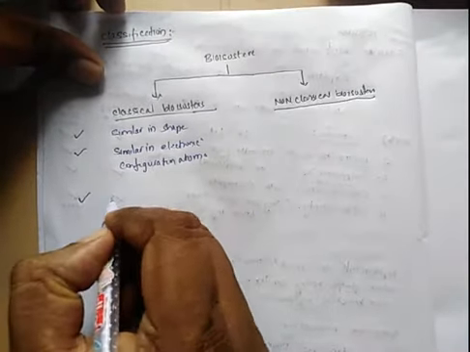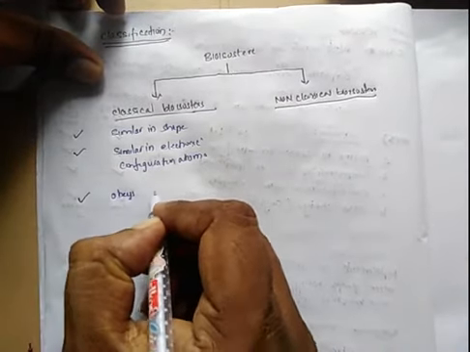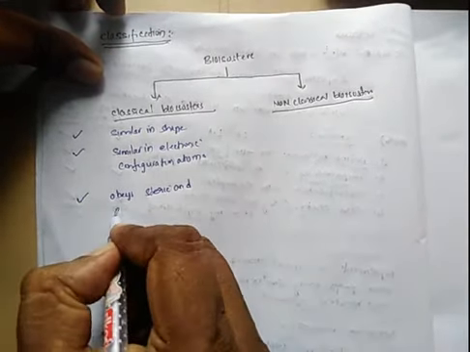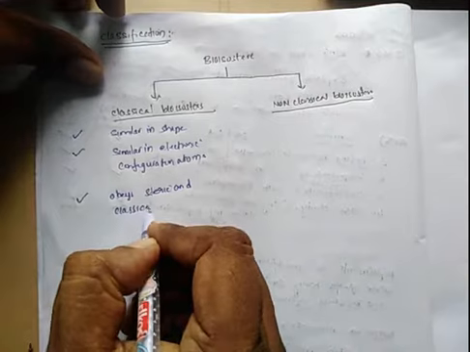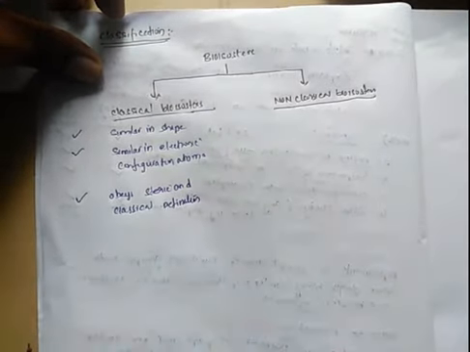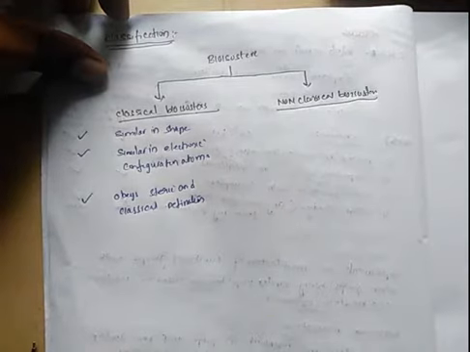They obey the steric and electronic definition of bioisosteres. So classical bioisosteres obey the steric and electronic definition of bioisosteres.